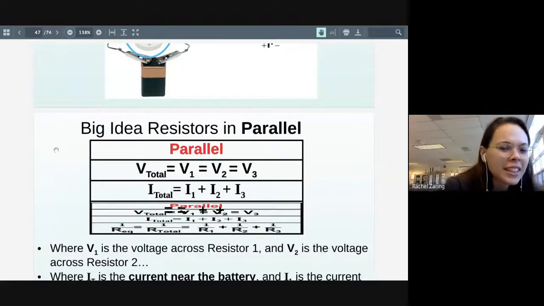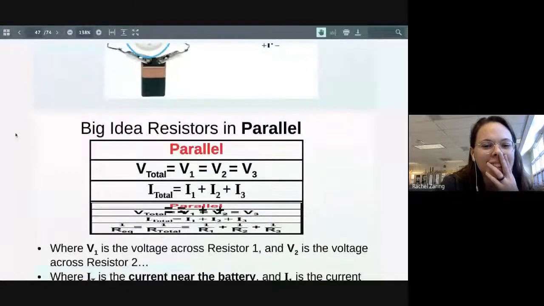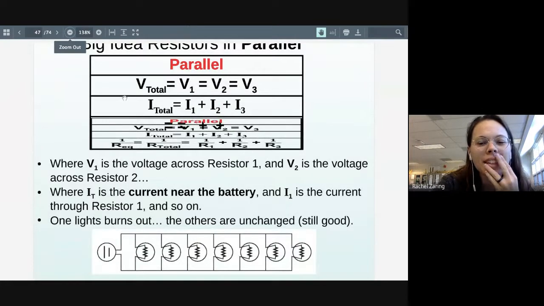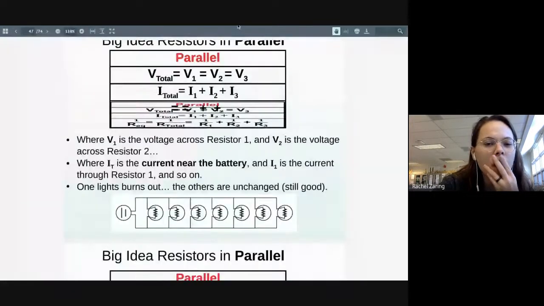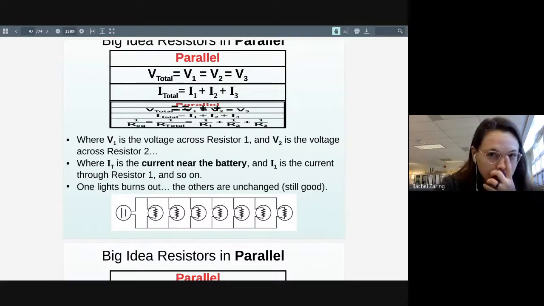Oh no, this looks so bad. Let's see if I can get this to look at something else. I'm having a hard time getting this to show up. Let's see if I can open this up on a different tab so you can see it. Pause, please.